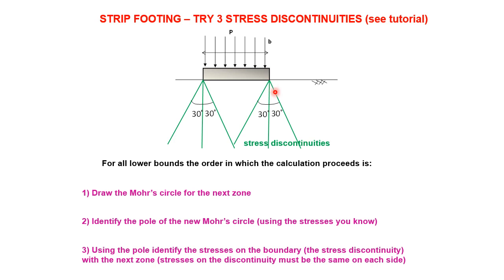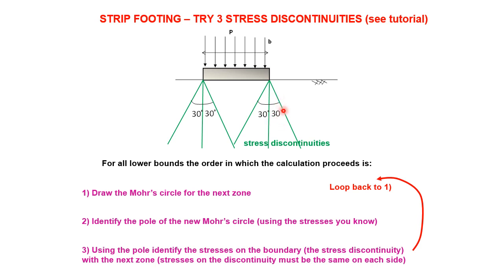Having got that, you know that the stresses on that discontinuity are the same whether you consider this zone or this zone. So then you can construct a Mohr circle for this zone. You loop round. So you draw the Mohr circle for the next zone. Identify the pole for this zone using the stresses you know.